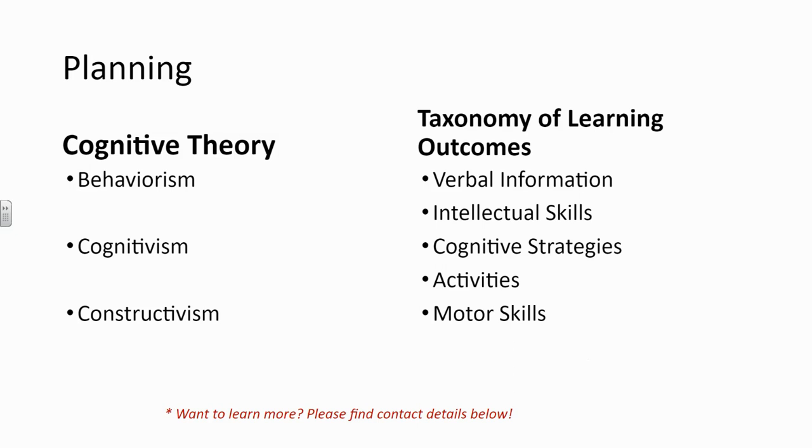Now, with cognitivism, this is saying that learning is optimal and it precedes the learner's skill level. So, in other words, the skill should be higher than the current learner's level. So it's the basic idea of a zone of proximal development, which was developed by Vygotsky.